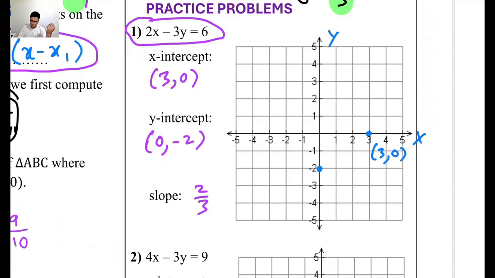So now write the coordinates there and then join them by a straight line. If you are very puritanical, you might want to put arrows on both sides.